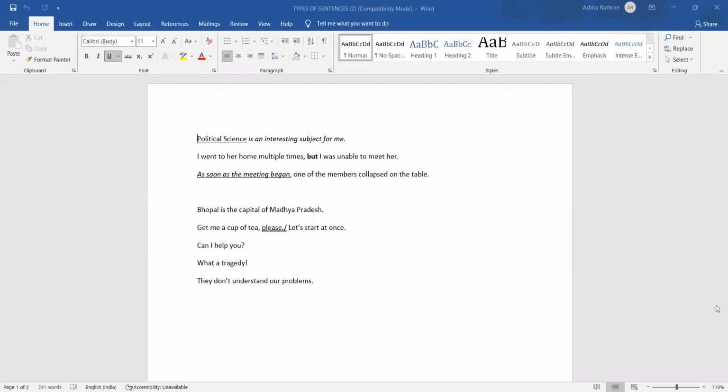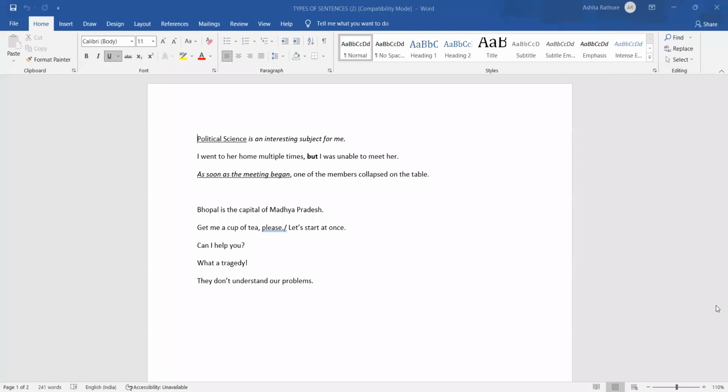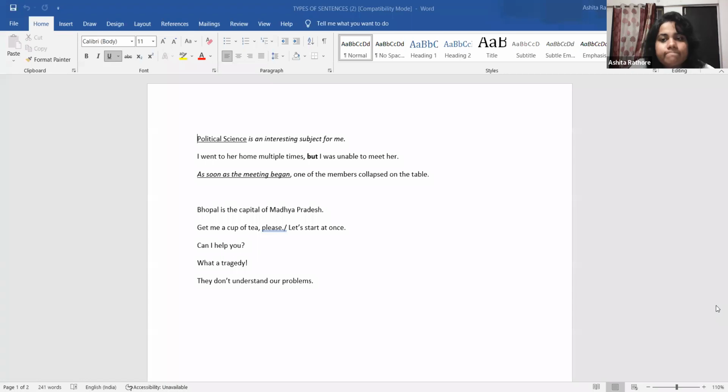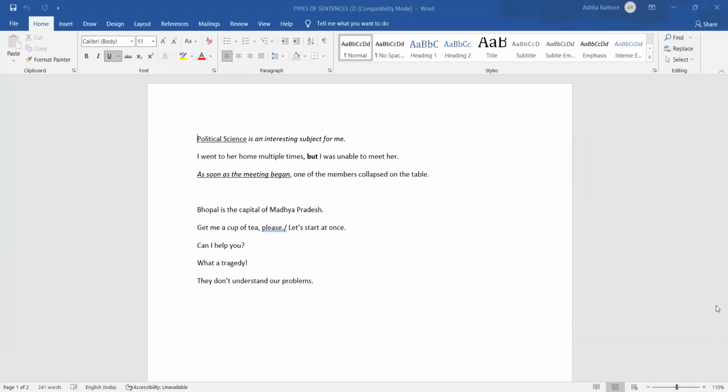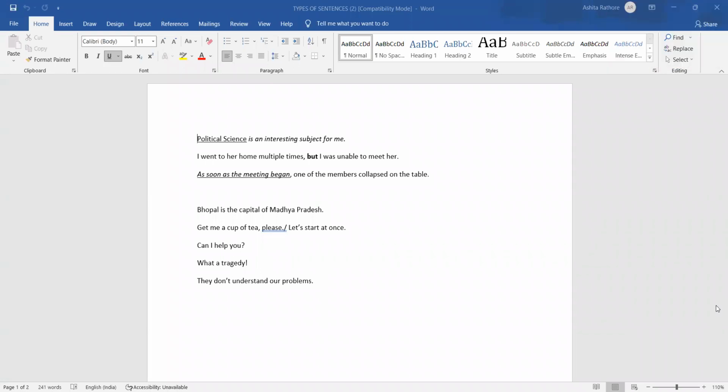Ma'am, it is a verb. Hmm? Ma'am, soon is a verb. No. Okay, Ashna, go ahead. Ma'am, one clause is dependent and the other is independent.